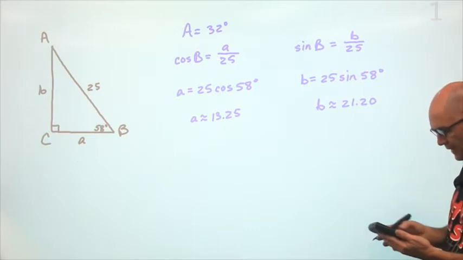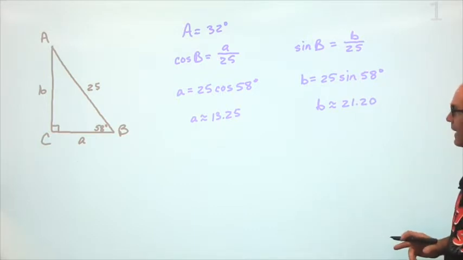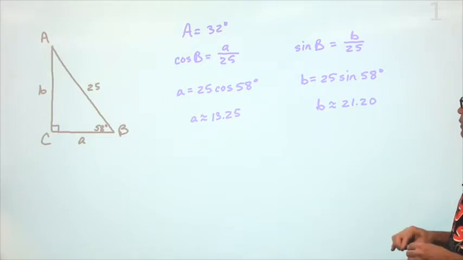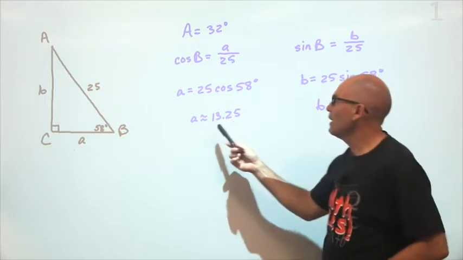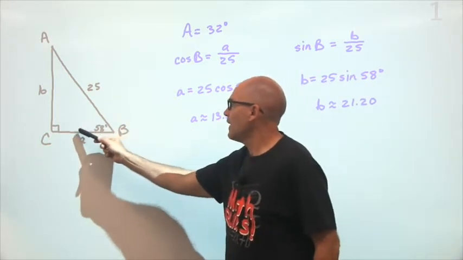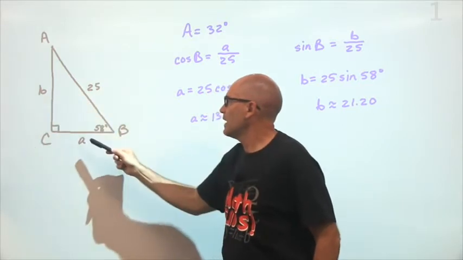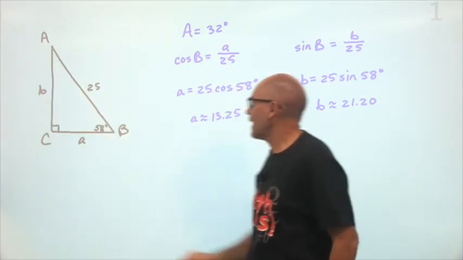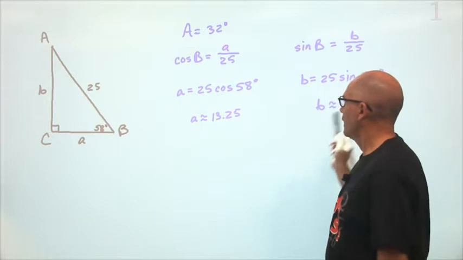Now, one last thing we should do before we quit is look at the numbers we got and make sure they make sense with the triangle. Notice with a 58-degree angle, that's more than 45, so that means side B will be larger than side A, and it is.